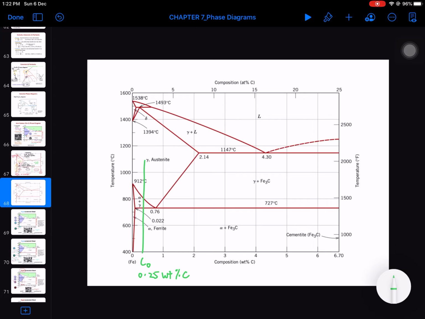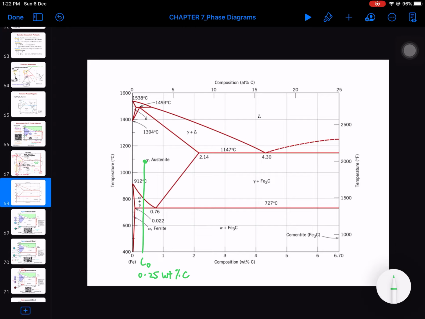In the steel industry, normally if we do heat treatment, a process in which we apply heat onto the steel in order to alter certain properties of the steel, it always starts from the austenite region.